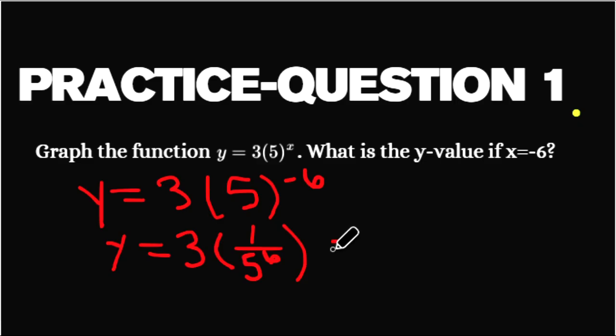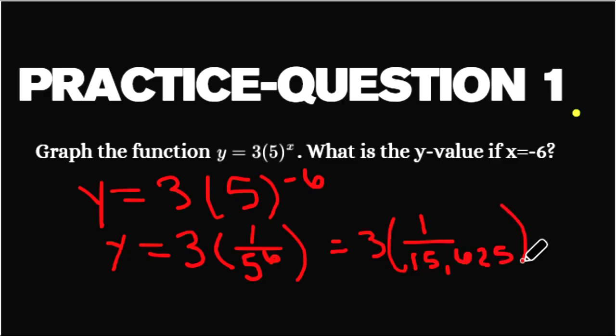We have 1, 2, 3, 4, 5, 6. It's 15,625. Nice. 15,625. Because I love huge numbers. They just make me so happy.